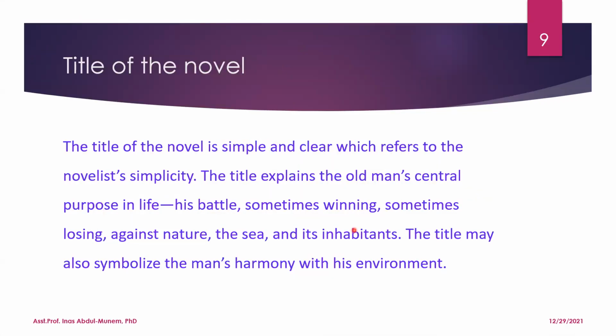At the end, we will have the whole title of the novel, The Old Man and the Sea. I told you before, man against nature, man and nature. Nature is made by God. I told you before that there is a novel called Moby Dick by Herman Melville, another American writer in the 19th century. He also mentioned that Moby Dick is a fish, just like the marlin, not a whale, but a giant fish.